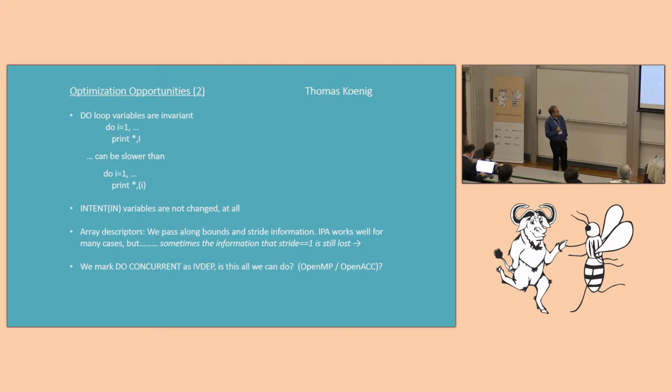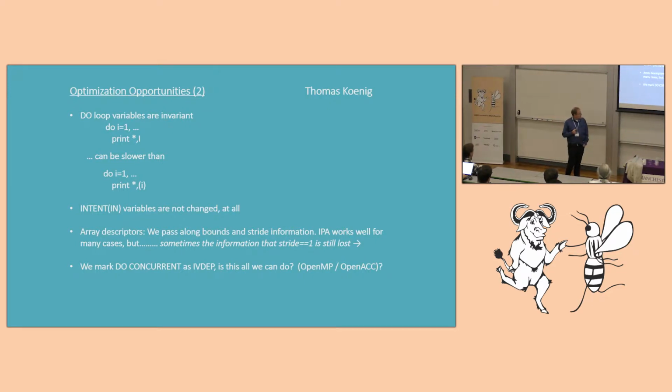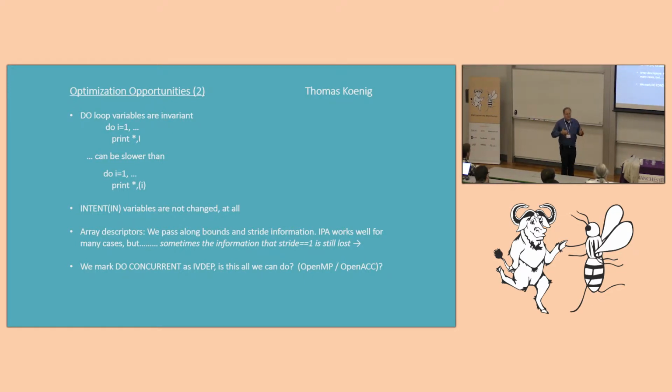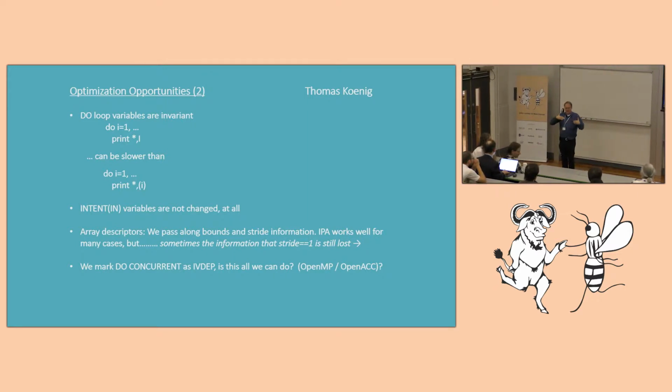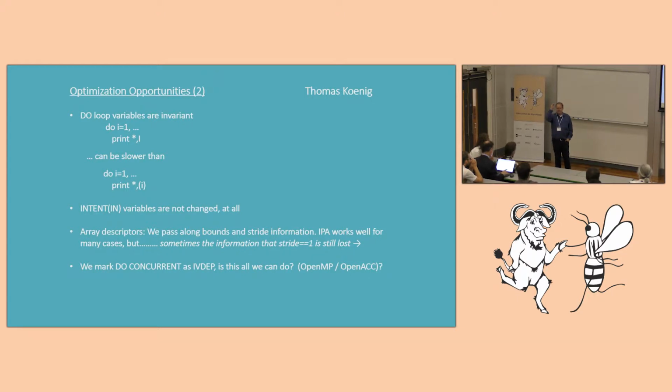The bad thing about this, for optimization, is that you can also specify in each and every call a stride. So the argument that is passed may actually not be contiguous, but may be strided. So let's say the first element, the third element, the fifth element, and so on.